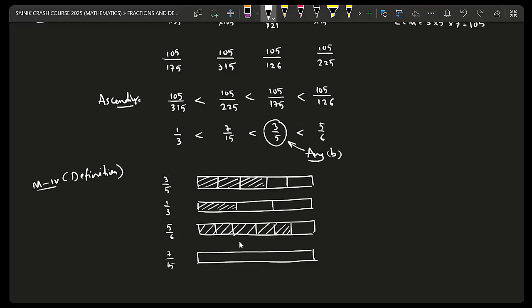And next, 7 by 15, how many parts are required here? Sir, 15. Yes, sir.